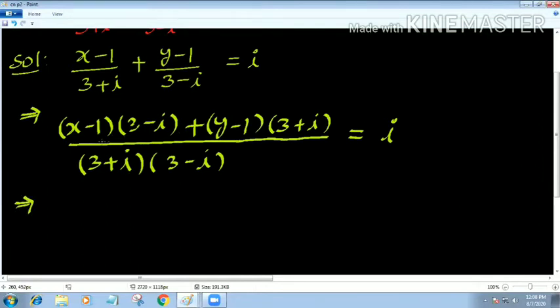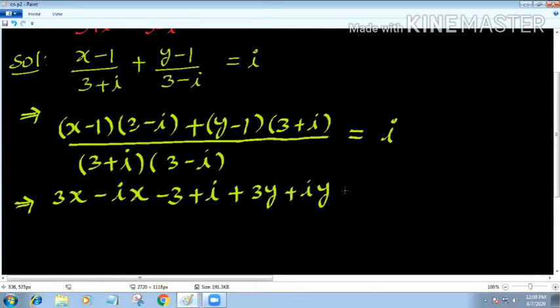Multiplying in the numerator: x into 3, 3x; x into i minus xi, or you can write it as minus ix; minus 1 into 3, minus 3; minus 1 into minus i, plus i; y into 3, 3y; y into i, so iy; minus 1 into 3, minus 3; minus 1 into i, minus i.